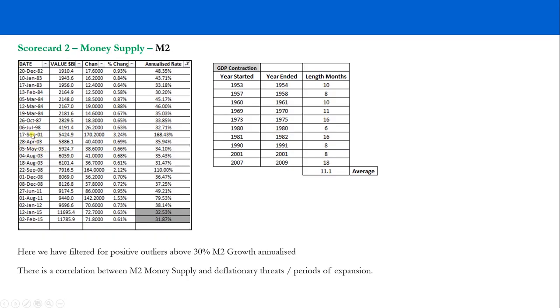We also have the week after September the 11th. We also have a period around the Asian financial crisis. And we also have the period after the 87 stock market crash.